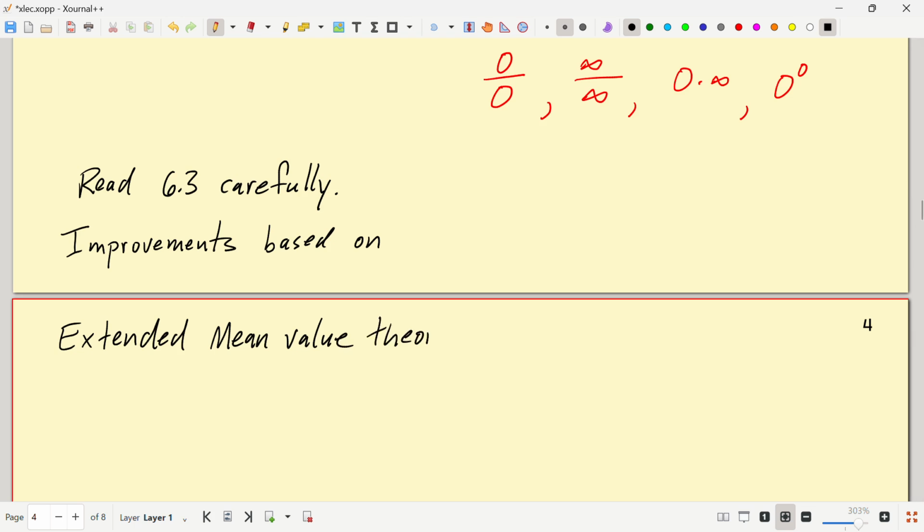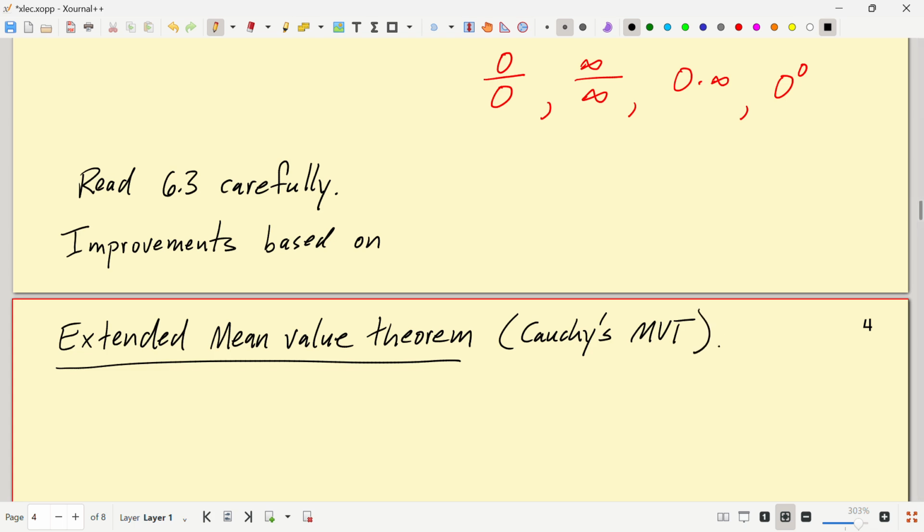In the book it's called Cauchy's mean value theorem. Let me state it carefully.